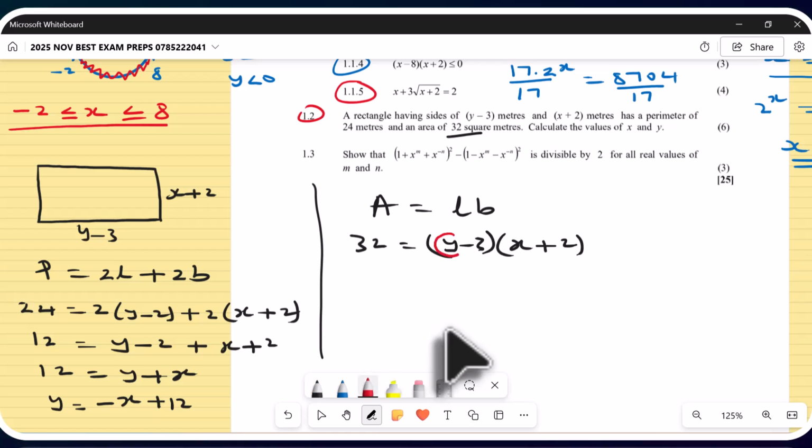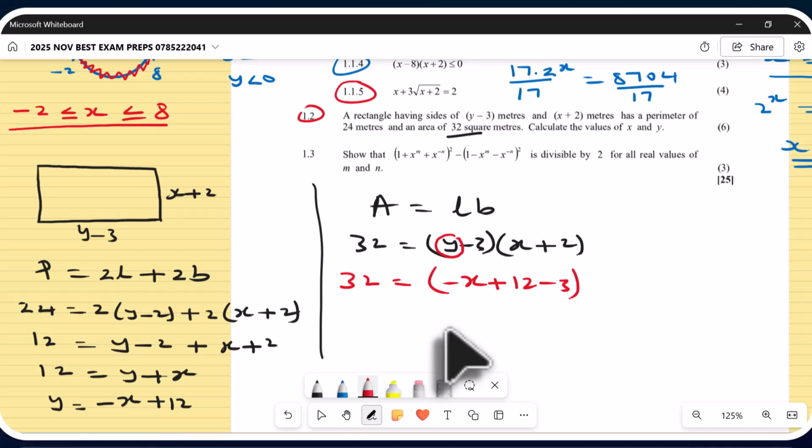Then into x plus 2 equals 32. So here, we're going to get minus x squared, but here minus 2x. Now, minus 2x plus 9x becomes plus 7x, okay? And then 9 times 2 is 18, right, guys? This side we've got 32.